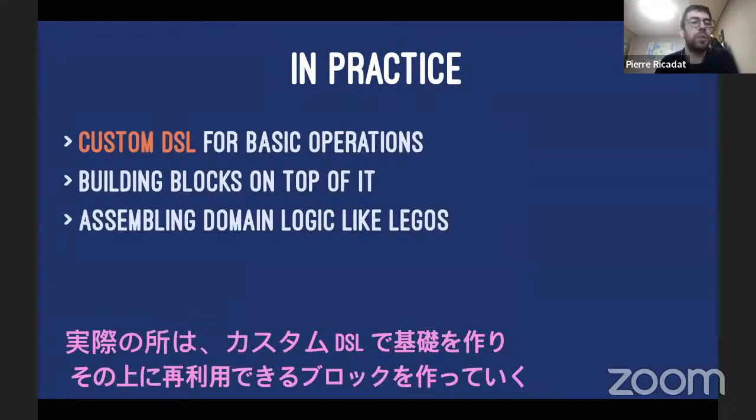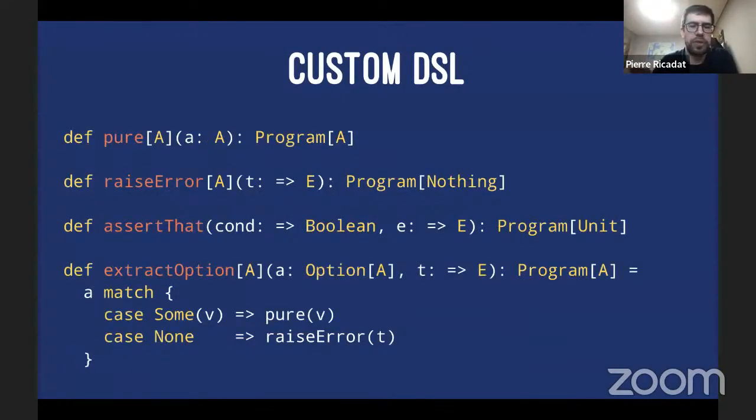So how does it work in practice? We don't use these data types directly. Instead, we made a custom DSL with the basic operations, and then we build our functions using this DSL, and we assemble our functions like Legos. An example of our DSL: we have this pure function that succeeds.